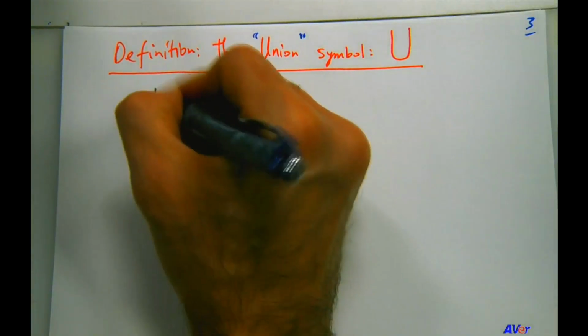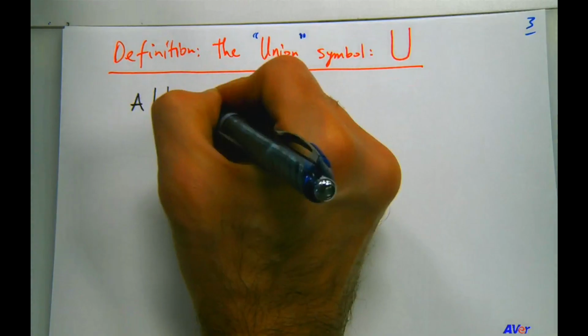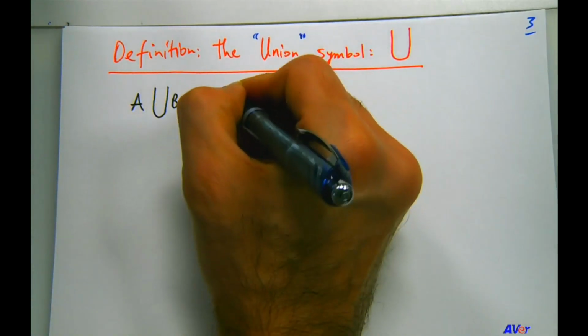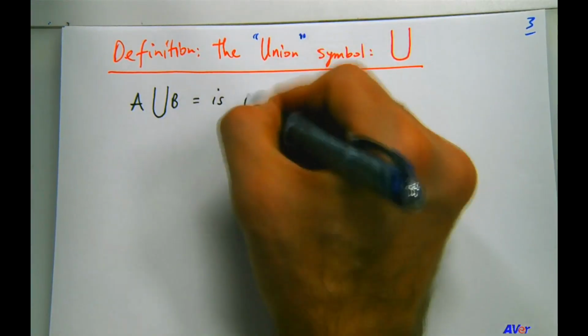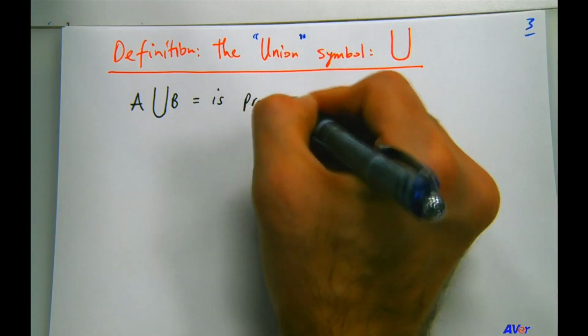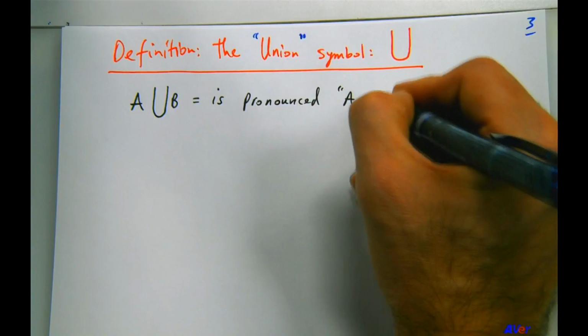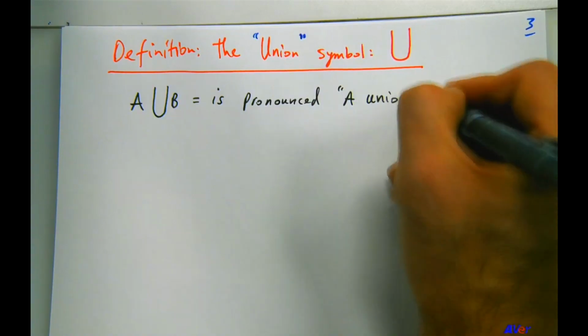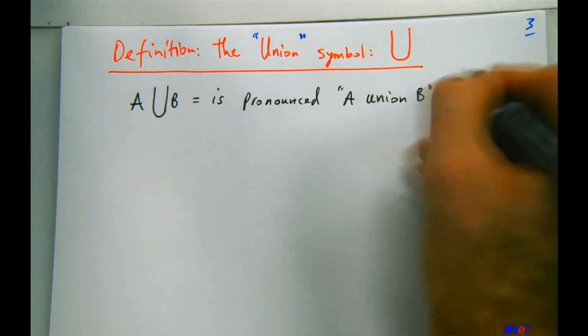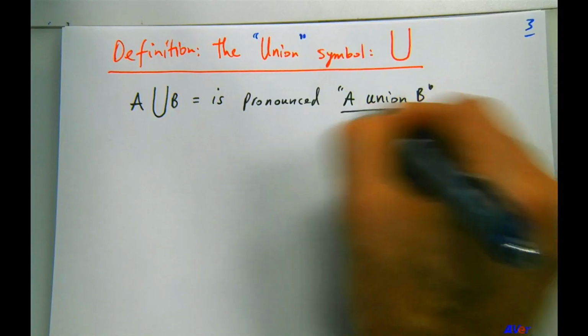So A union B, let me just make sure that you know how this is pronounced. It is pronounced A union B. Okay, that's how we pronounce it.